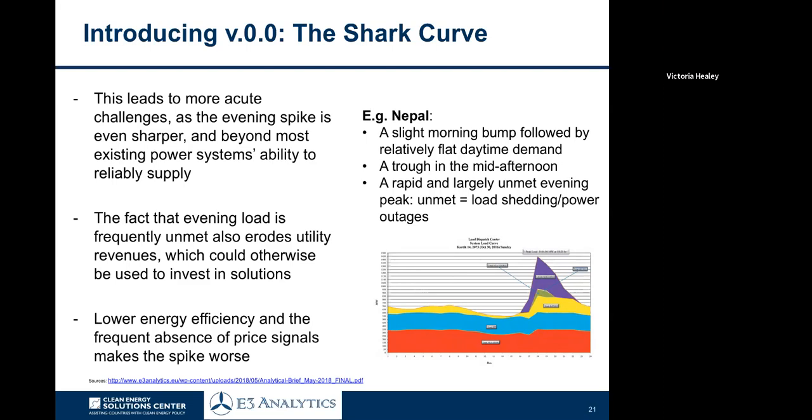Energy inefficient lighting is a major driver of this evening load. LEDs are available in many markets, but they are not yet mainstream. And air conditioner units are also often less efficient and a major driver of this evening peak.